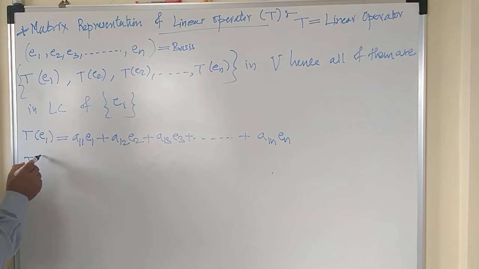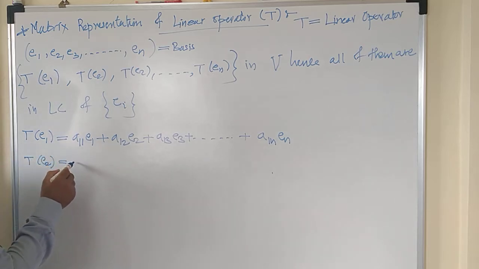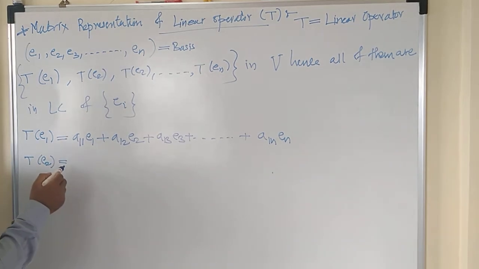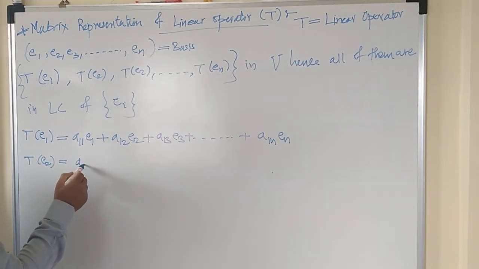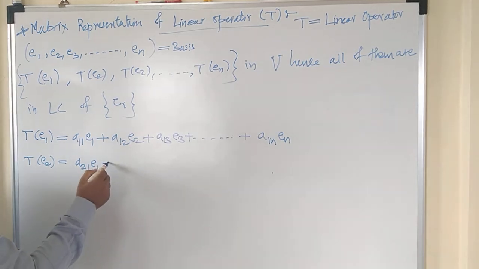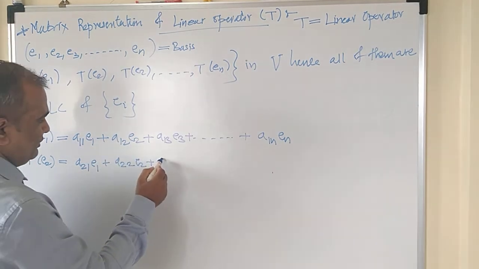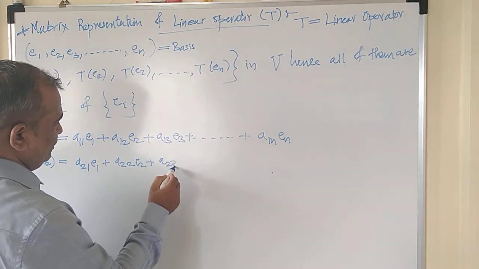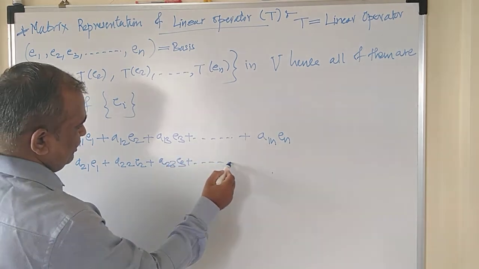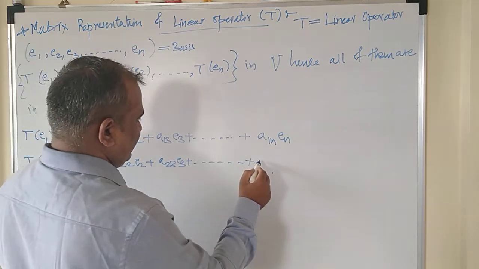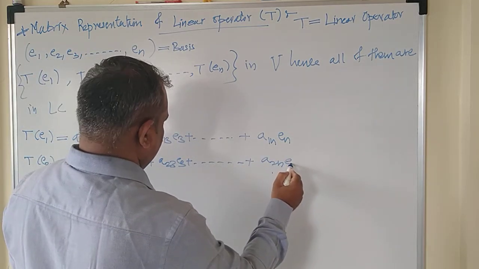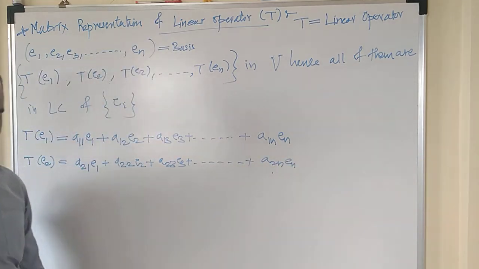Similarly, the linear operator operated on the second basis E2 will give you the relation Te2 equals A21 E1 plus A22 E2 plus A23 E3 plus dot dot dot plus, what will be the last element? A2n En, isn't it?